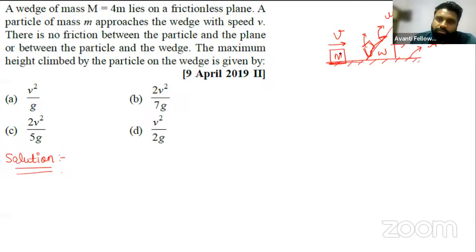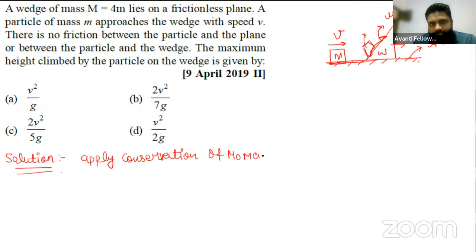So here, firstly, apply conservation of momentum. How are we able to apply momentum conservation? Because there is no net force acting on this.